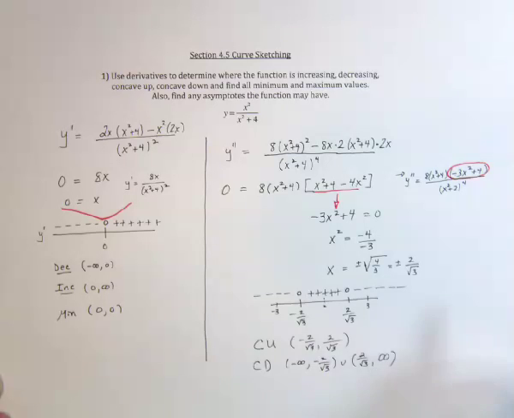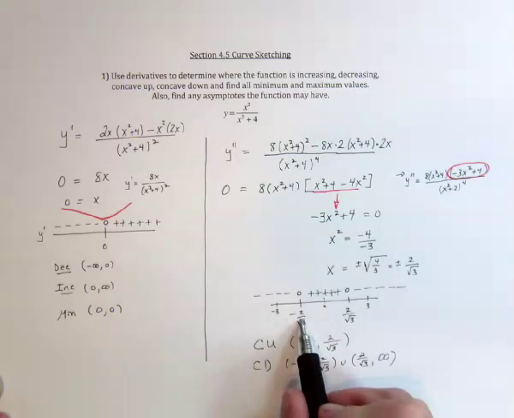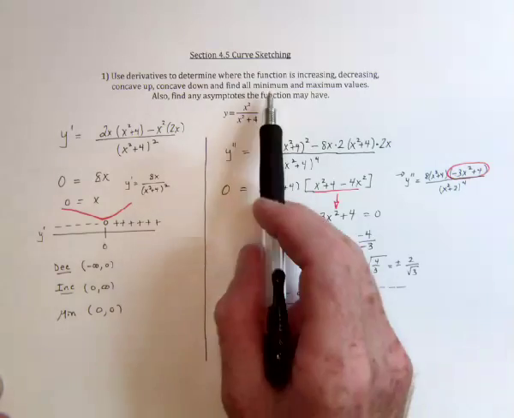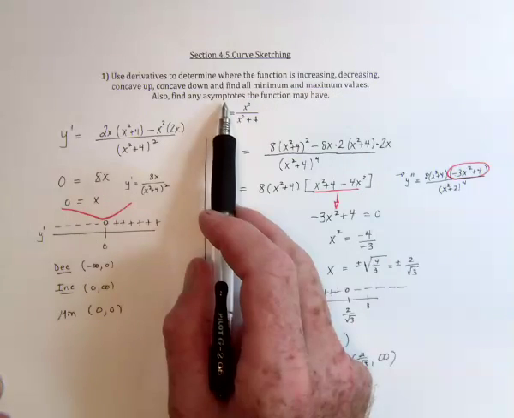This one did not ask for inflection points, but these are the x values for the inflection points. And then concave up, concave down, minimum, maximum, increasing, decreasing.